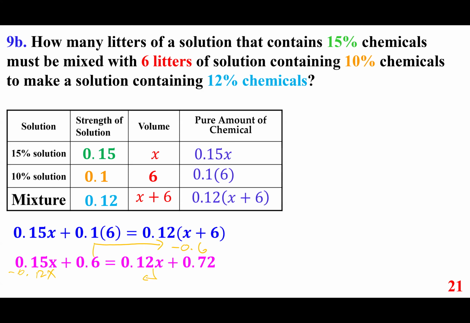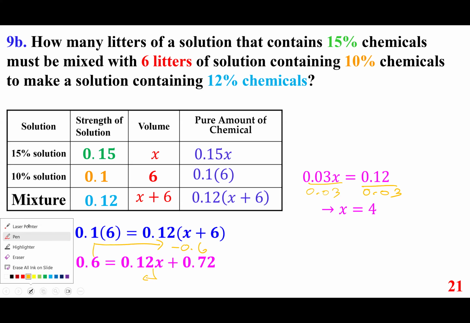We're going to subtract 0.6 and we get 0.12. And divide and we get 4. That means 4 liters of 15% solution.